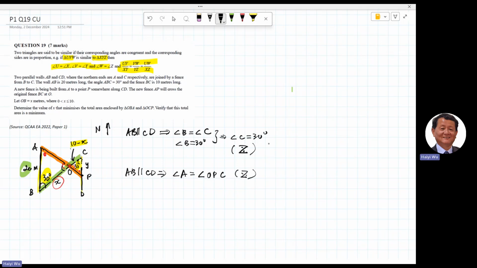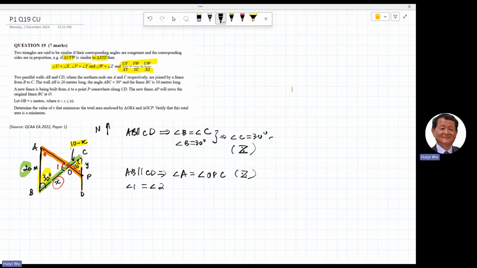So we have the other angles here, angle 1 and angle 2. If I use the red color, this is angle 1 and this is angle 2. Angle 1 is equal to angle 2.